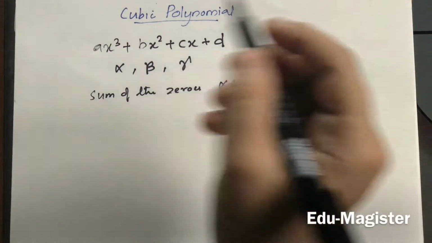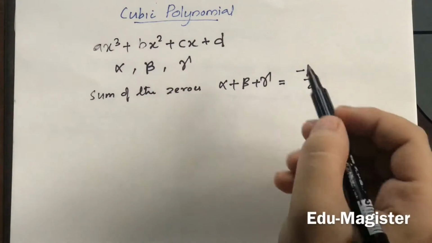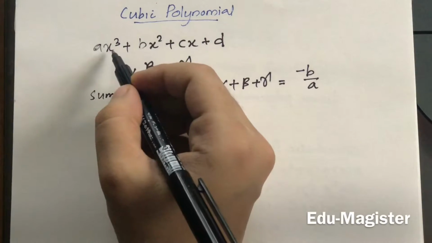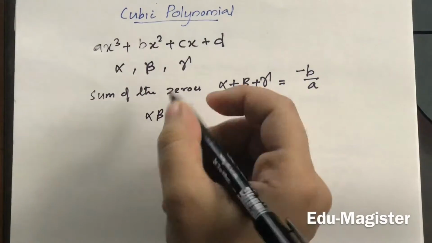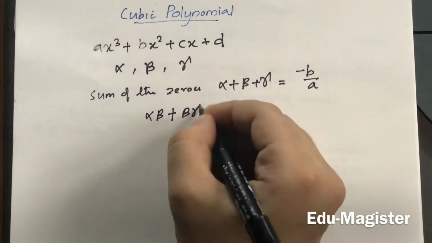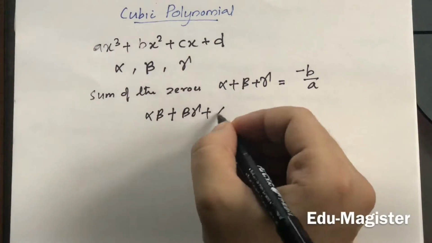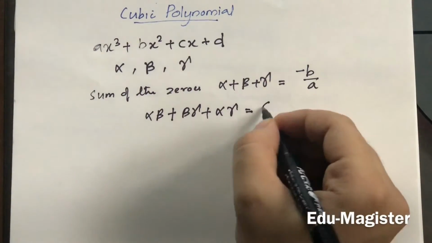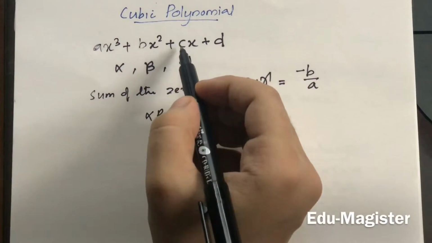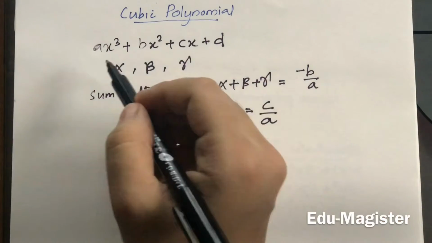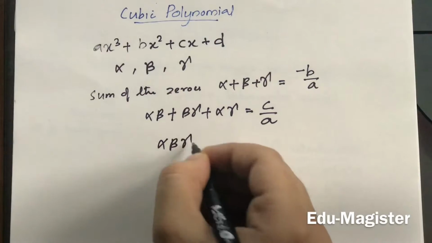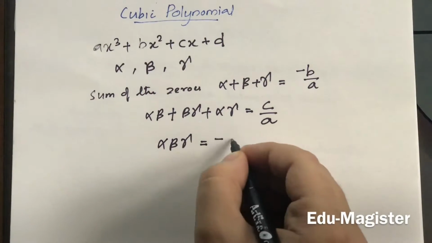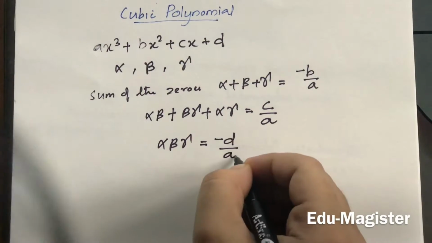What is b? The coefficient of x square. And what is a? The coefficient of x cube. Again, alpha beta plus beta gamma plus alpha gamma is equal to c by a. What is c? The coefficient of x, by a is coefficient of x cube. Now the product of the zeros, that is alpha, beta, gamma, is equal to minus d by a.